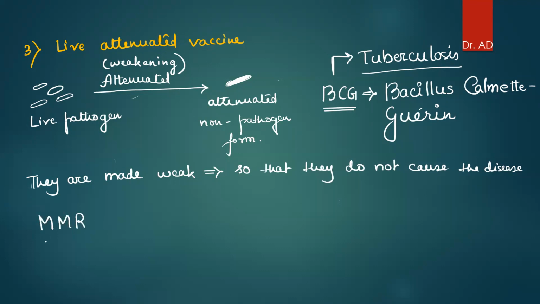MMR, M stands for measles, mumps, rubella. Okay. Then these yellow fever, rotavirus, all these I was just talking about. All these are important examples of live attenuated virus.